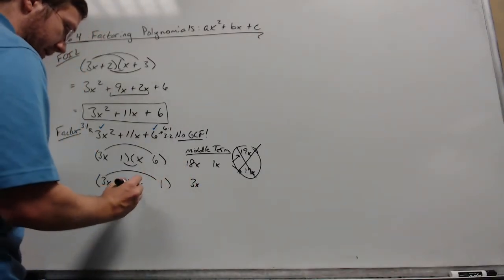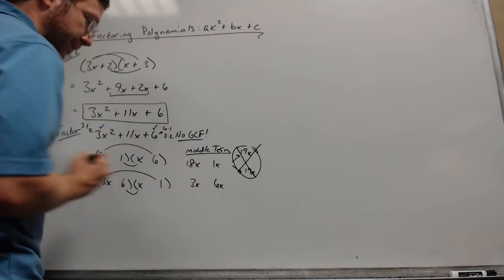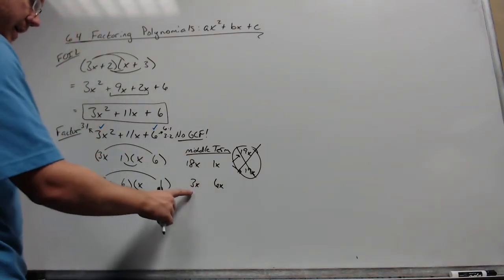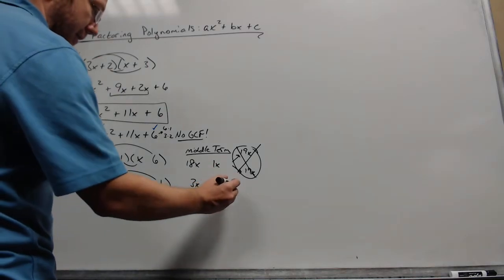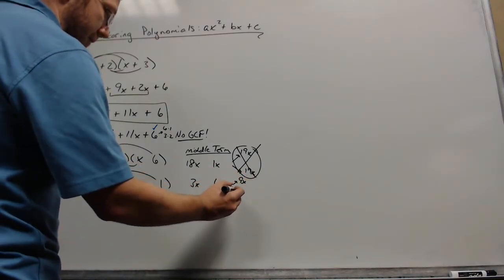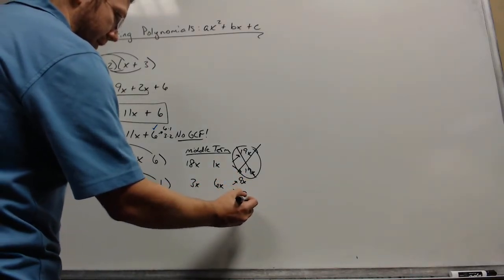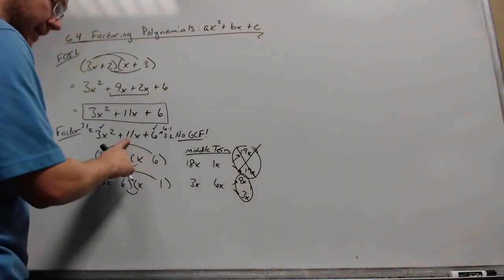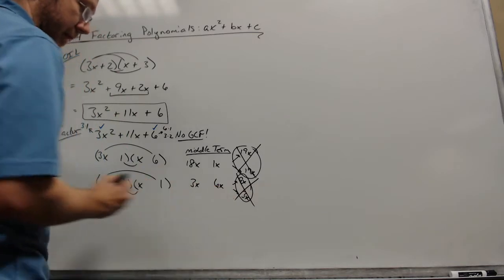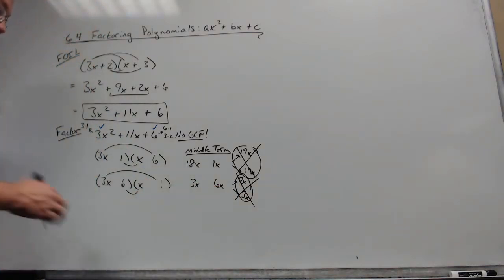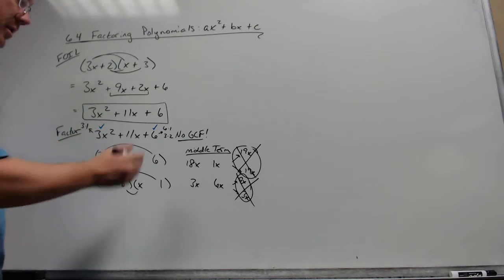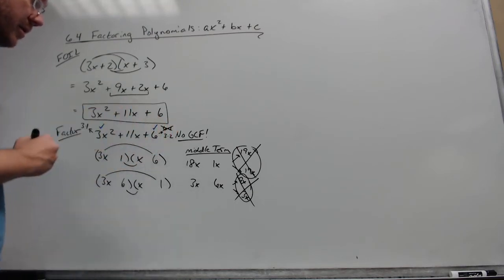My inside piece is a 6x. So with 3x and 6x, if we added these together, I could get 9x, or if I subtracted them, I could get 3x. But still, none of those happen to be 11x, so I don't want to try that one either. So we've tried 1 and 6 and 6 and 1, and since neither of those combinations worked, we know this pair is no good. Back to the drawing board.